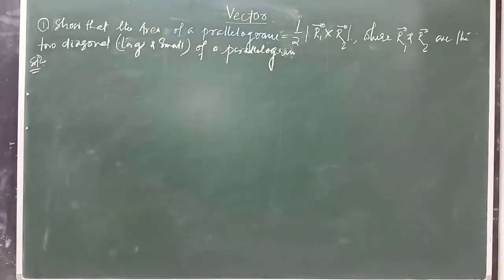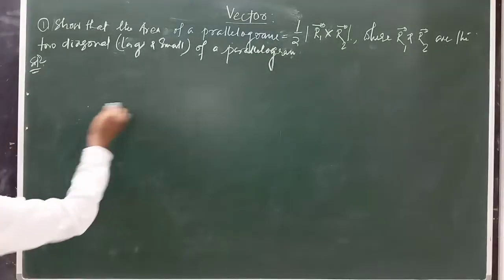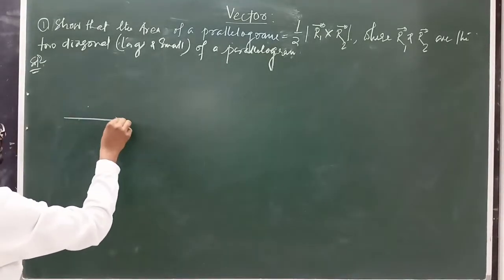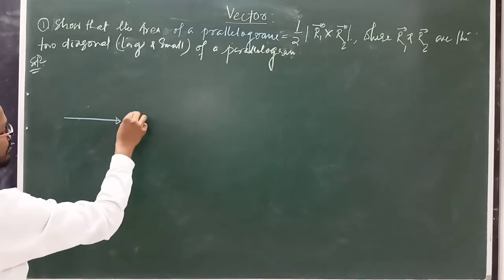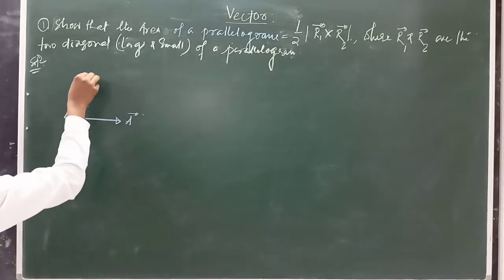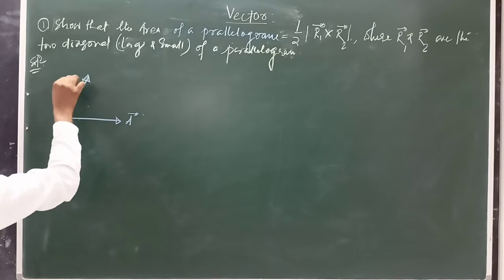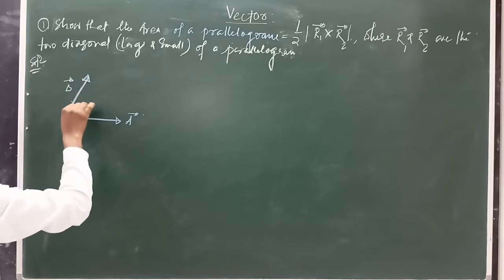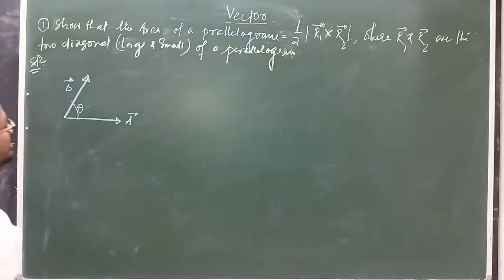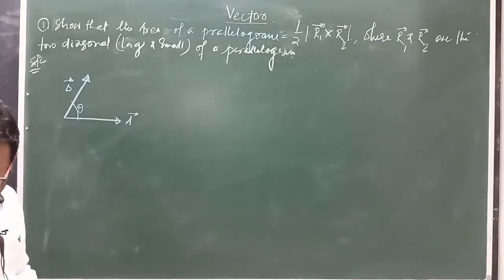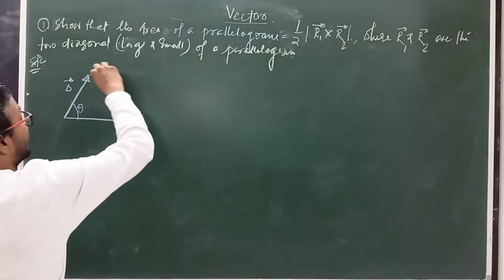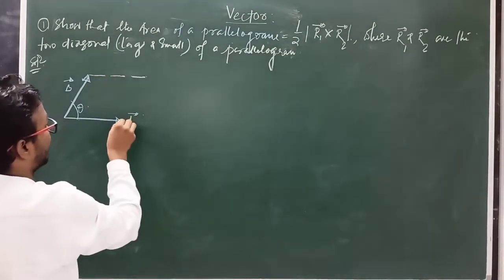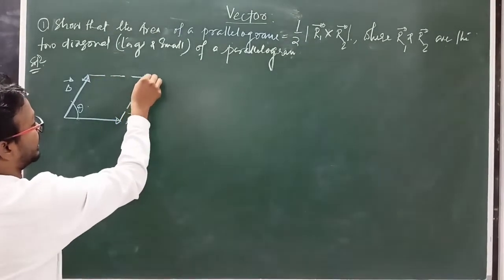So in this case, suppose there are two vectors, vector A and another vector B here, which represent two adjacent sides of a parallelogram. And what is theta? It is the angle between these two vectors A and B. Now first complete a parallelogram, and this is a parallelogram.